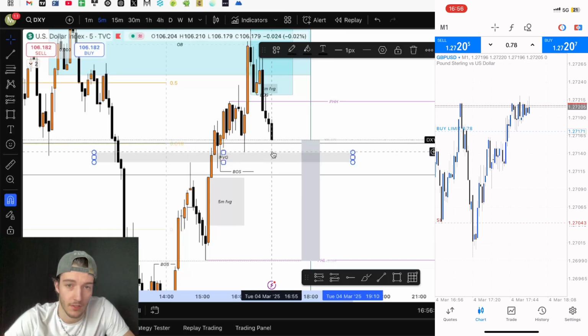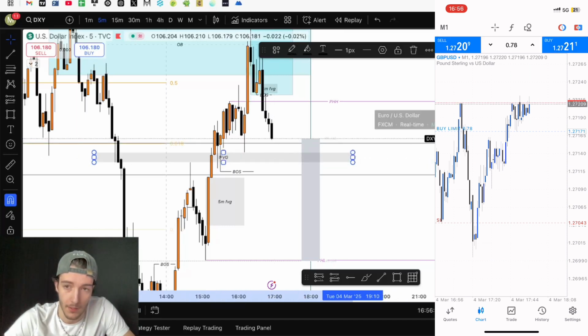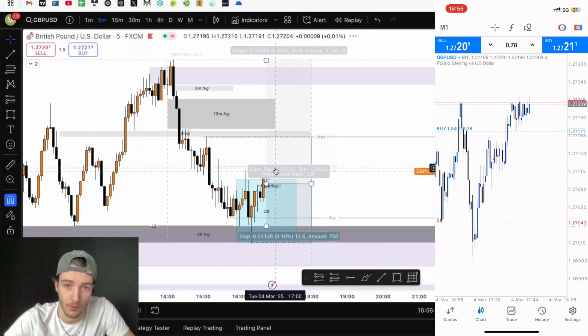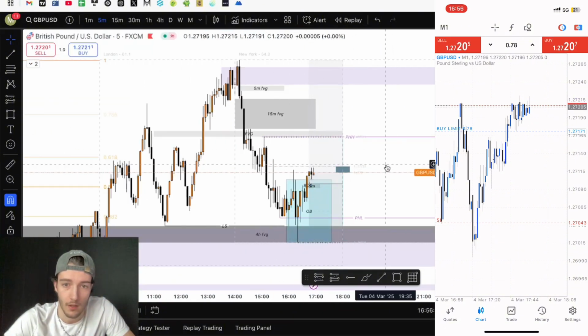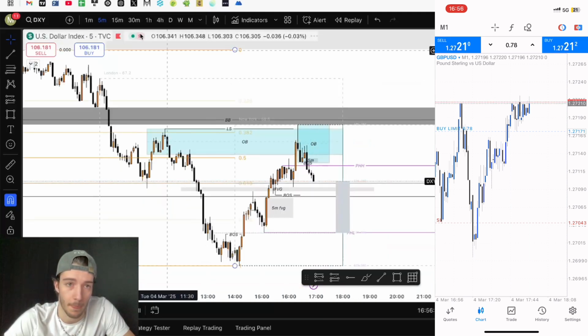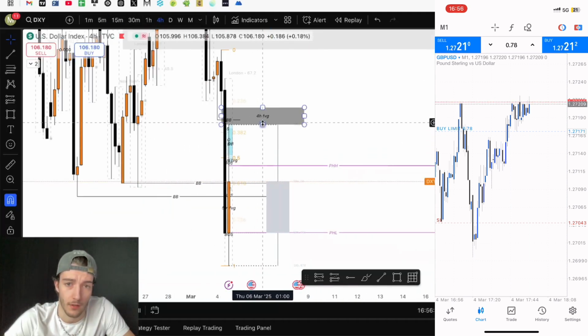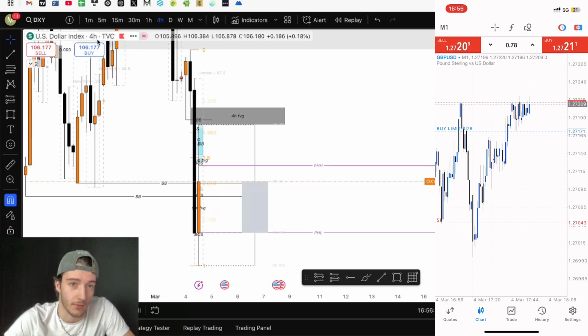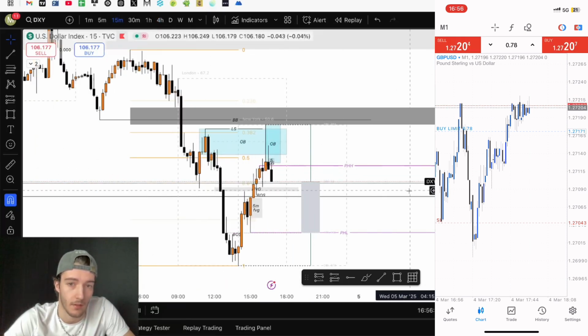If the dollar reaches this inverse fair gap first, I'm gonna delete my buy order, because that would mean GU starts flying up and it might as well just reverse, and because of the dollar to reach this 4-hour fair gap here, which I kind of doubt to happen.